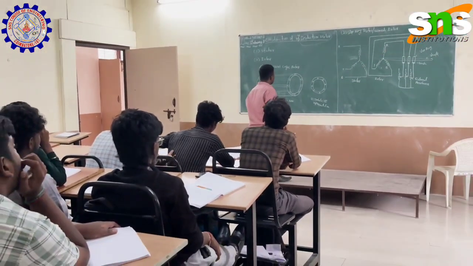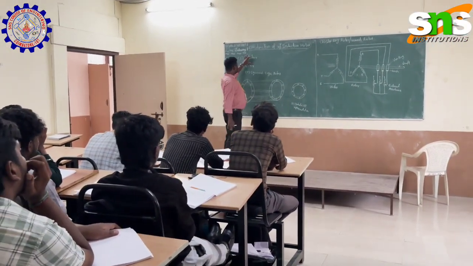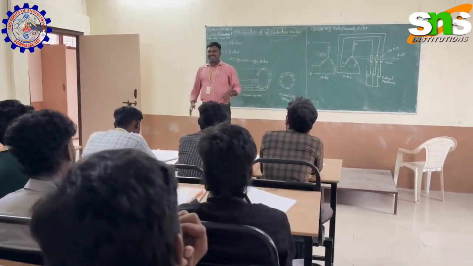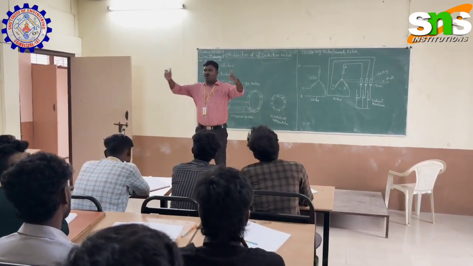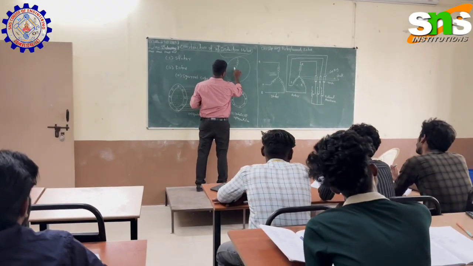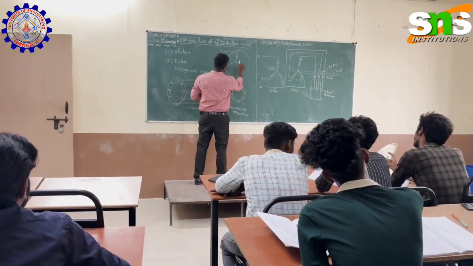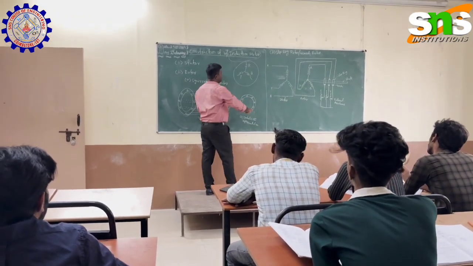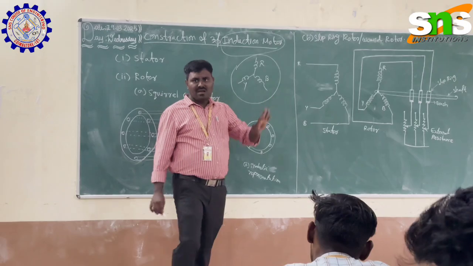So there are two main parts: one is called the stator and another is called the rotor. The stator is a stationary part. It will be on the outer surface. It has three-phase winding: R phase winding, Y phase winding, and B phase winding.